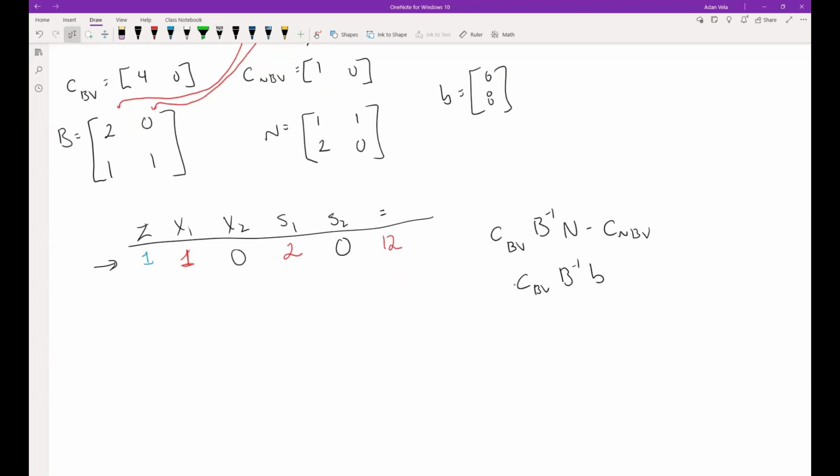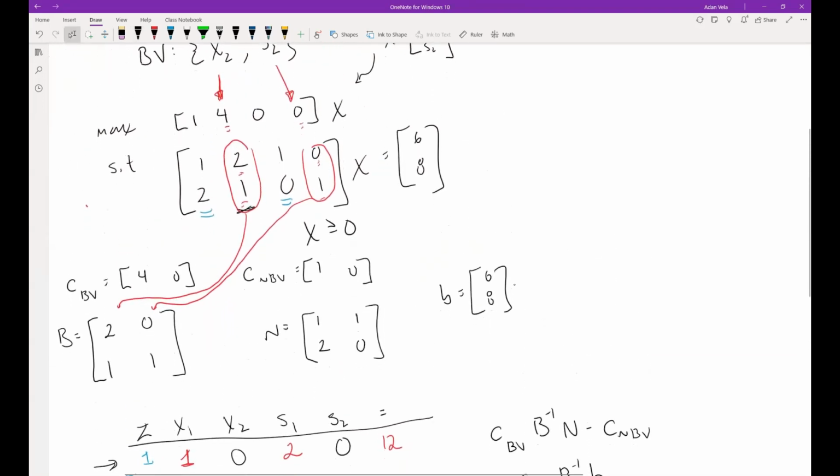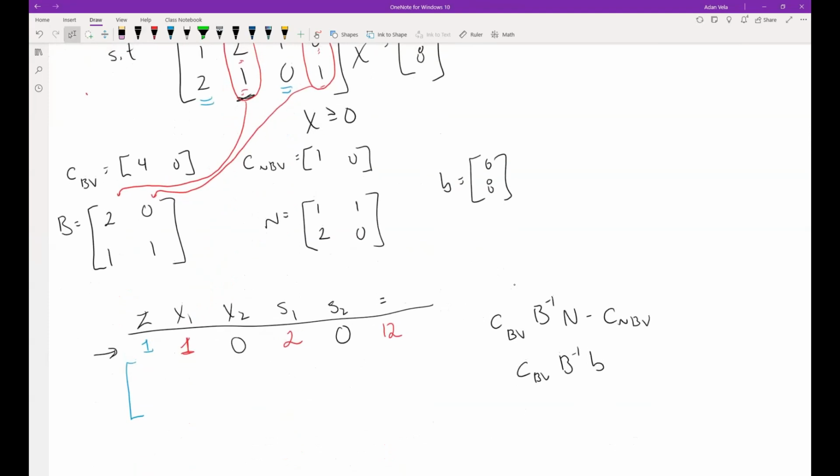The next question is, what about the constraint rows? We're going to have 2 constraint rows here. Remember, because we know x2 and s2 are our basic variables, we know what those columns are going to look like.